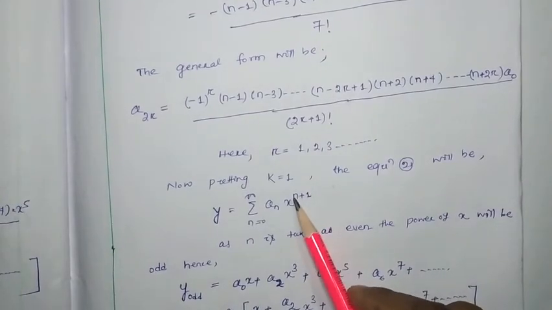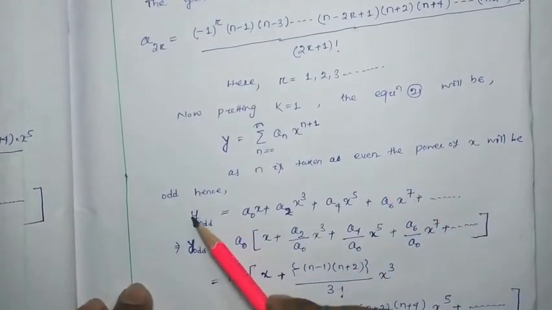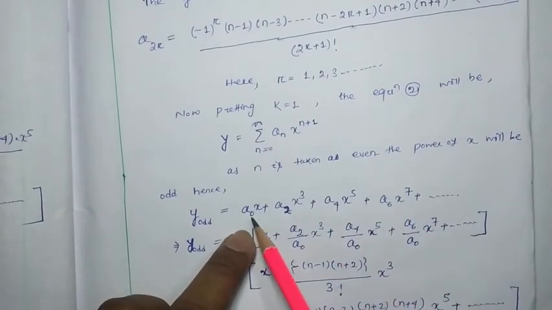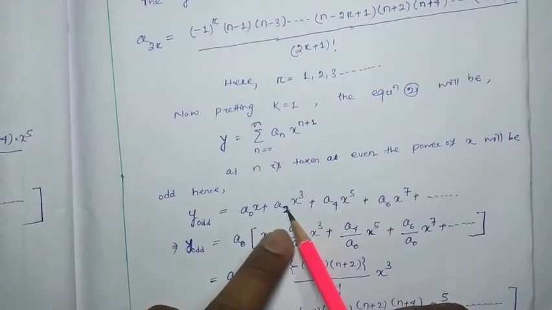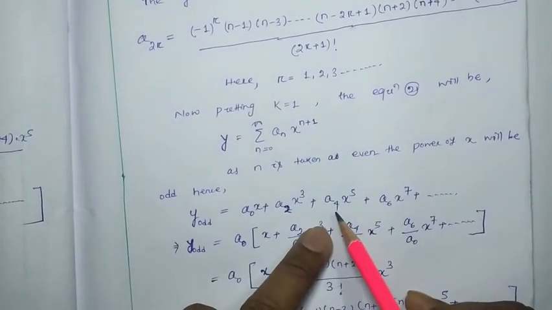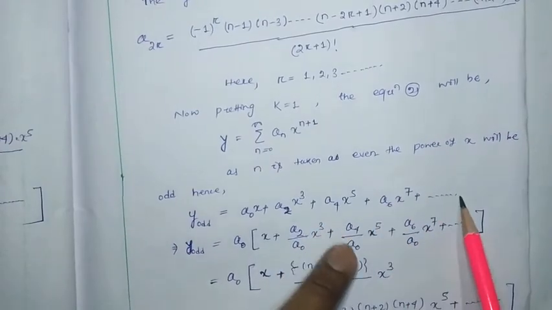So we can write y odd equal to, just expand it, a0 x plus a2 x cubed plus a4 x to the power 5 and so on.